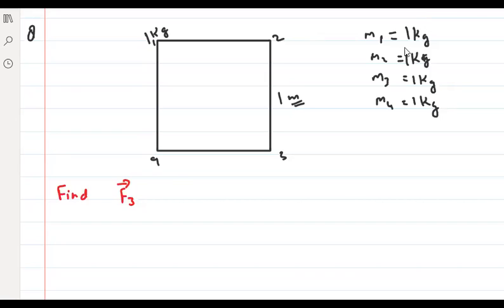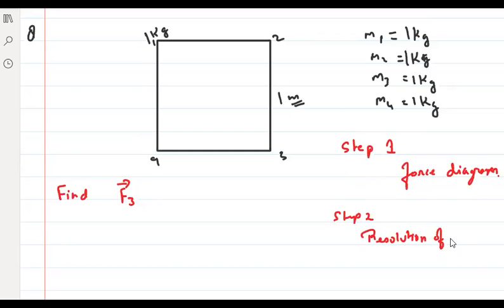Step by step, guys, step by step. First, step one, force diagram, same as free body diagram. Step two, resolution of vectors.